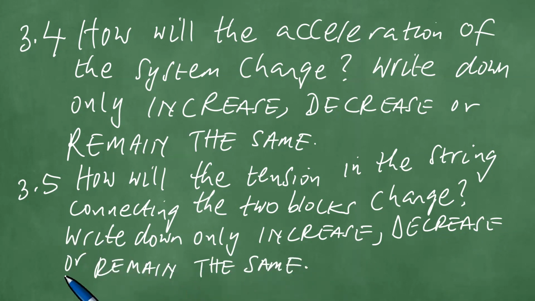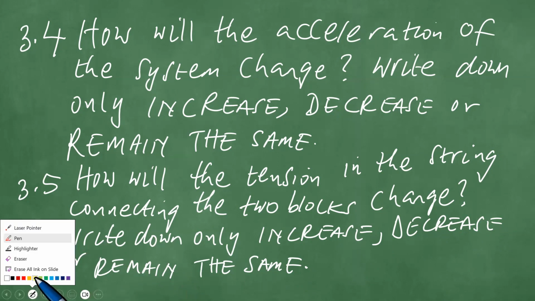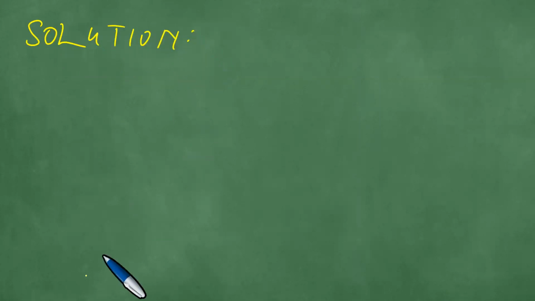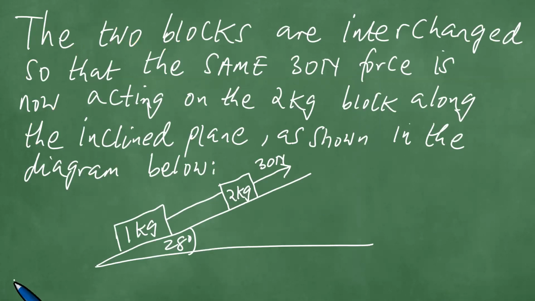Okay, let's present the solutions to this. A couple of things we need to consider. The two blocks are interchanged so that the same 30 Newton force is now acting on the 2 kg block along the inclined plane as shown in the diagram below. So the 30 Newton force is actually there.